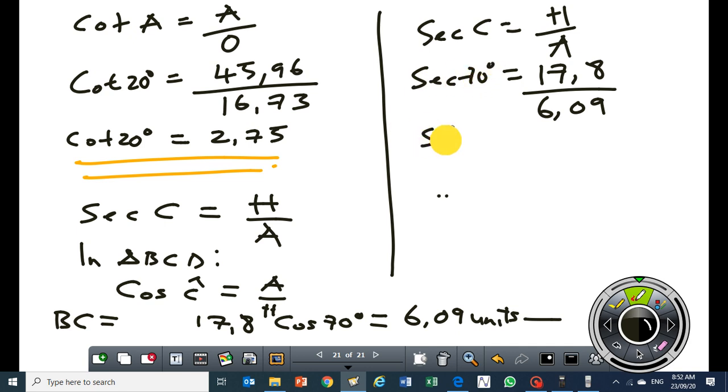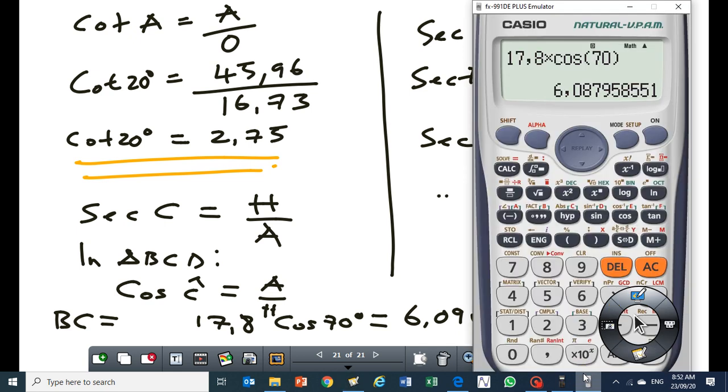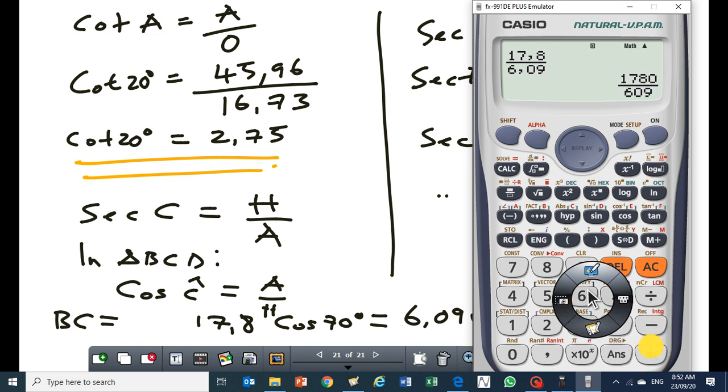When you simplify this, sec 70 is equal to 17,8 divided by 6,09. You get 2,922 recurring. So let's just call it 2,9.